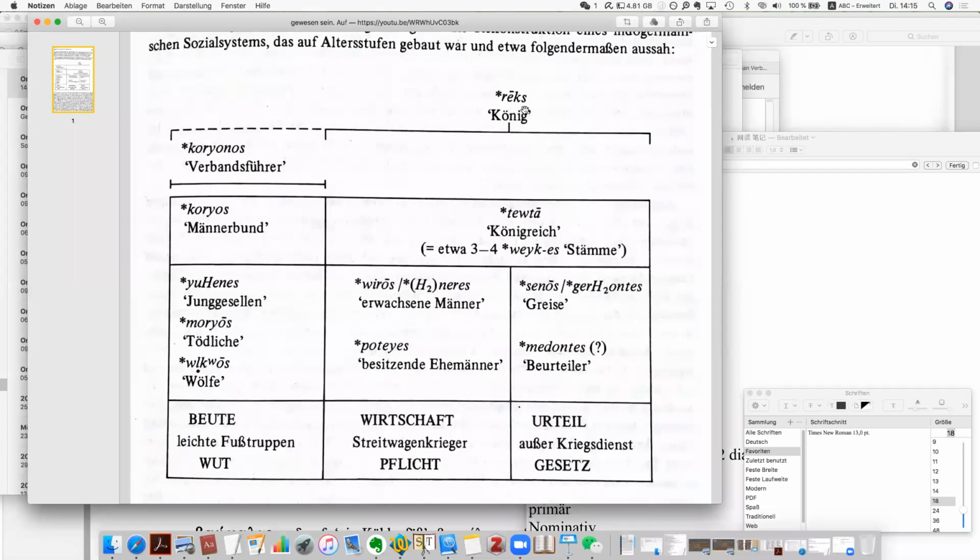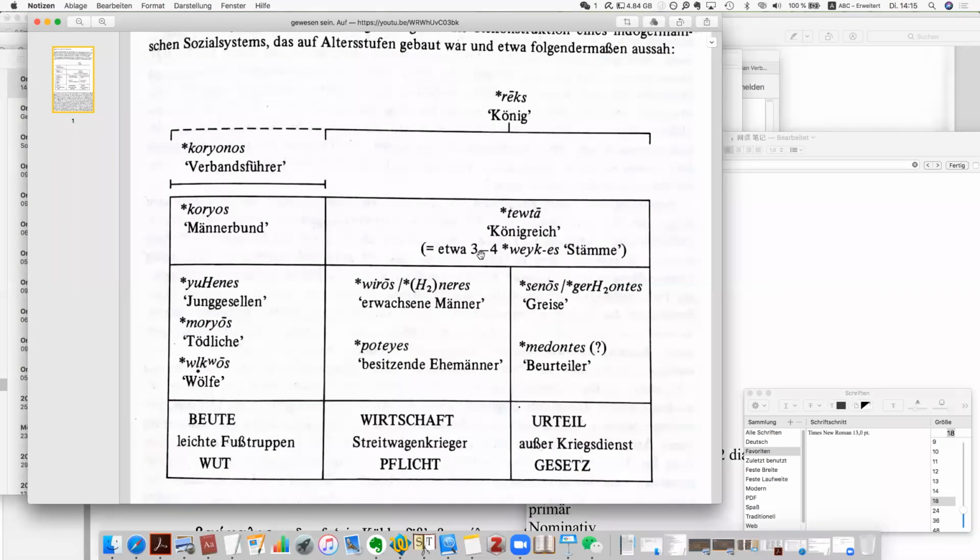Below the king, you have the leader of the Verband, the unity, the community or group. And then you have his people, the king's folk.